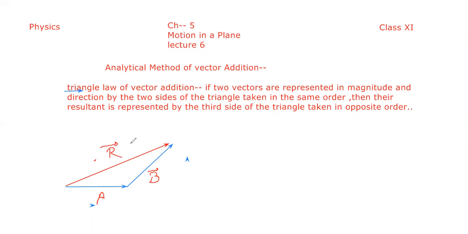The regular order comes in this way, but the direction of vector R is the opposite order. Then this is the resultant. To calculate the formula for the resultant, first we understand what vector A and vector B are.